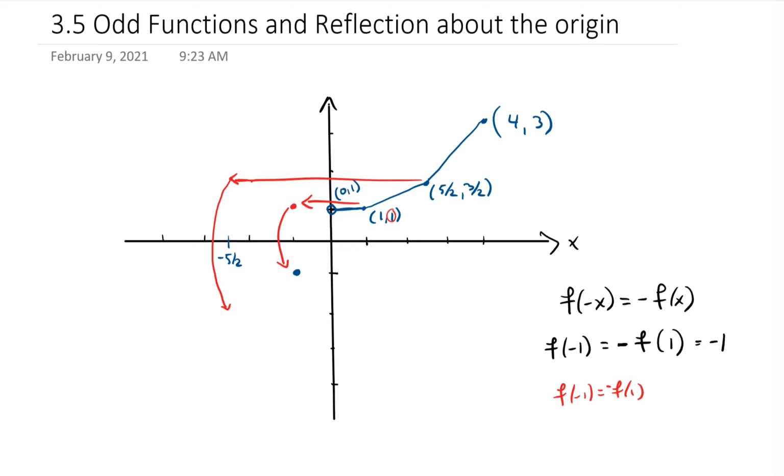So we'd end up with the point 5/2, 3/2 being sent on this point here, which would be, well, actually maybe it's a bit closer to here. So it would be minus 5/2, minus 3/2, like this.